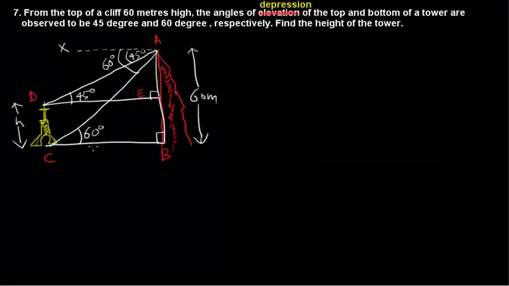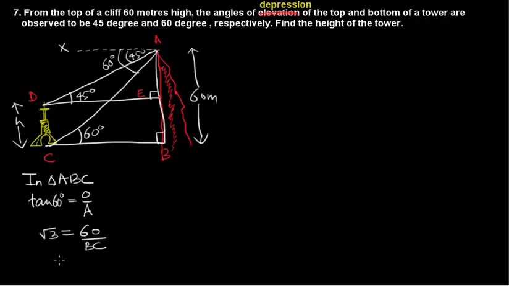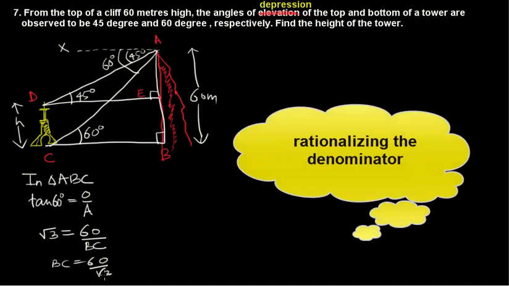Now in triangle ABC, AB is the opposite side and BC is the adjacent. Tan of the angle equals opposite divided by adjacent. The angle is 60 degrees, so tan 60 degrees is root 3, and opposite is 60 meters divided by adjacent BC. So BC equals 60 upon root 3.